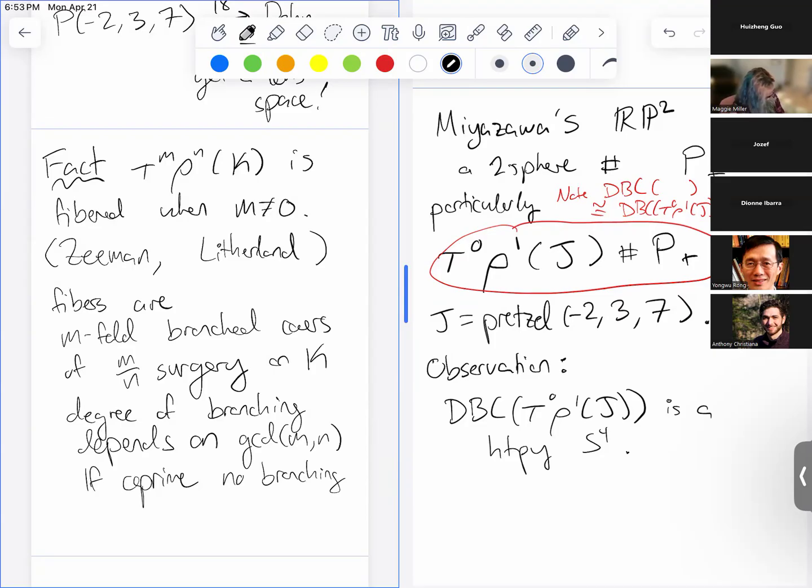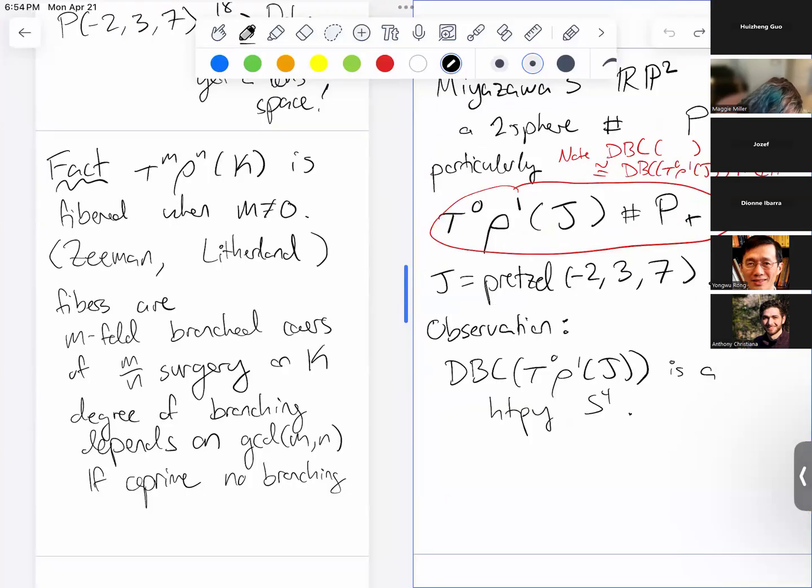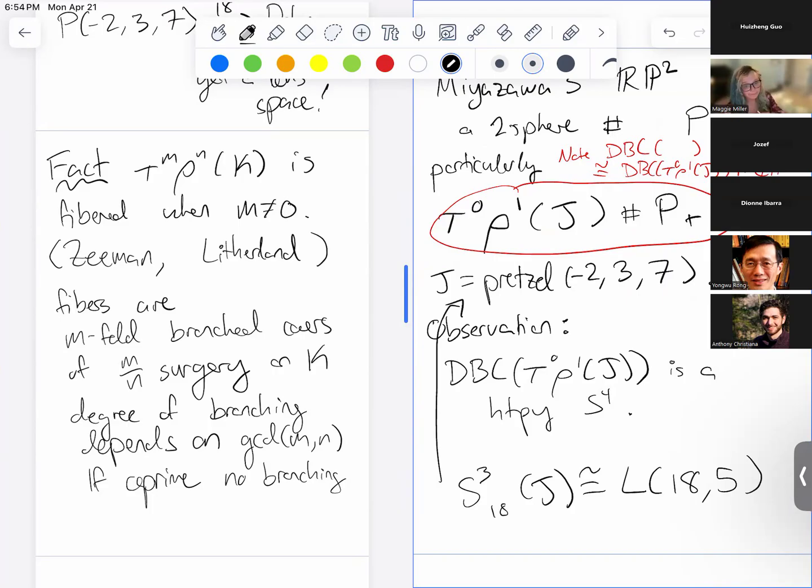Okay, so keep that in mind. We have this fact: this particular knot's 18 surgery is a lens space. It's a lens knot, it's either 5 or 7. It's 5. Okay, so let's apply this observation about fibering.